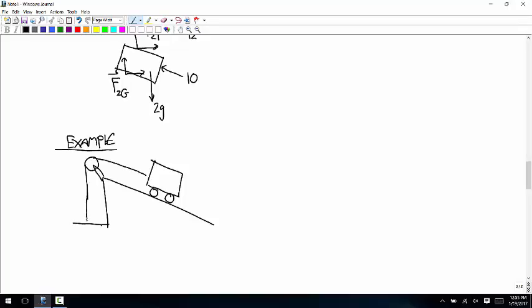Connected to the ground. And let's say the mass is 10 kilograms, and the angle is 30 degrees.